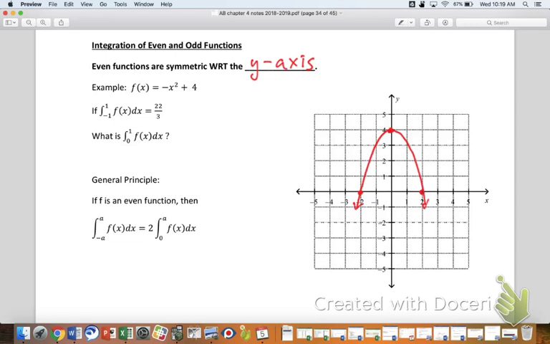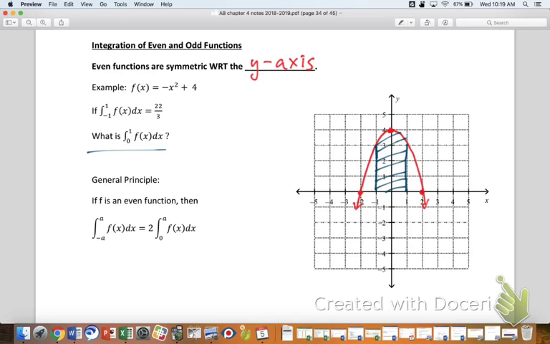So if I told you that the definite integral from -1 to 1, in other words, from here to here, was 22/3, which I'm pretty sure it is. It's been a while since I did that one, but hopefully I didn't make many errors there. If I told you that was 22/3, but then I asked you, what is the definite integral from 0 to 1?